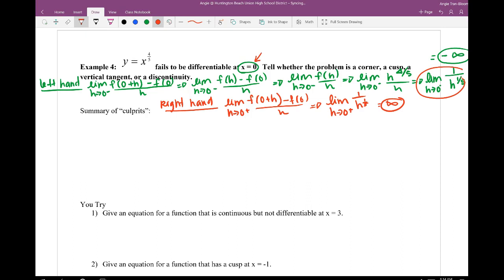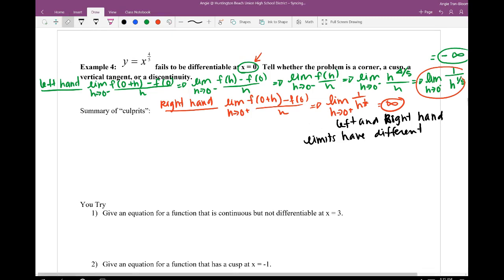So by definition, can you tell me if this is a cusp, a corner, a vertical tangent, or a discontinuity? Final answer? Okay. Since the left and right hand limits have different infinities. You know what? That doesn't sound right.